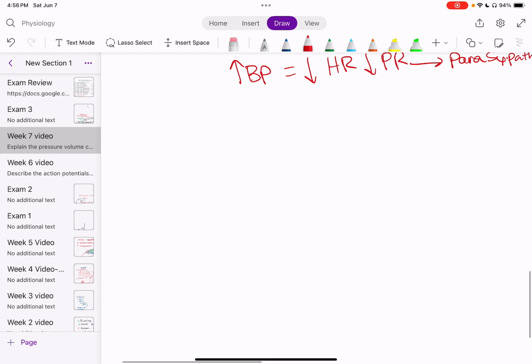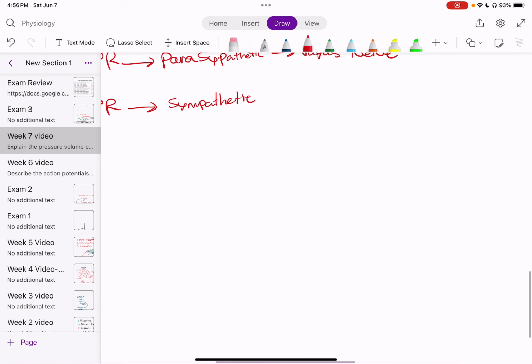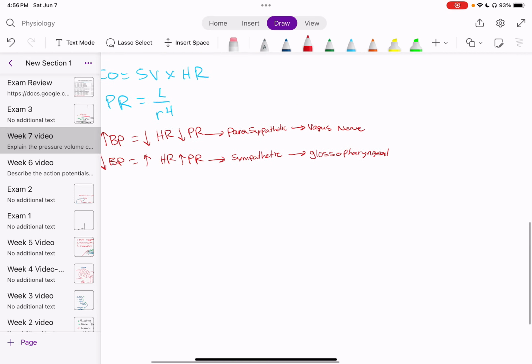And in the same sense, if it senses blood pressure is low, it will increase the heart rate and increase the peripheral resistance through the sympathetic nervous system. By going through the glossopharyngeal nerve. That's cranial nerve number 9. And this is more of a shorter term way to do that.